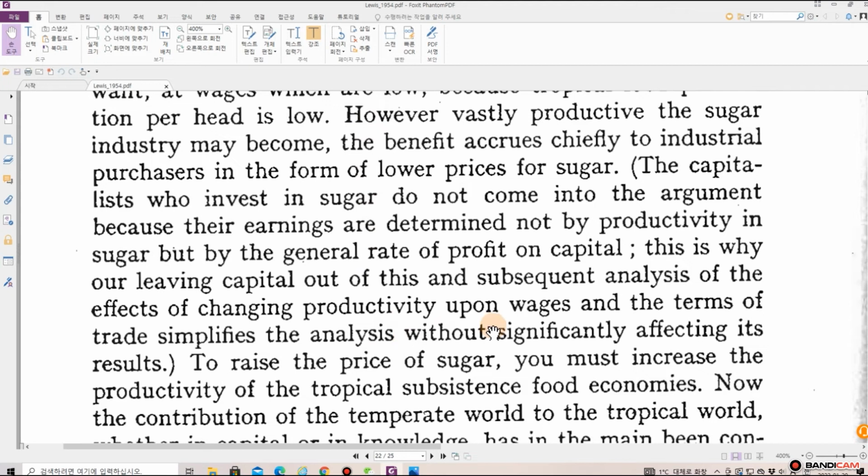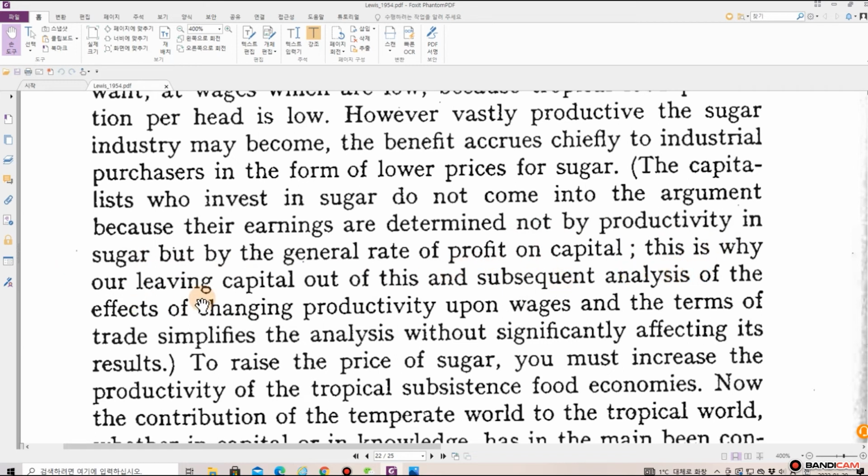However vastly productive the sugar industry may become, the benefit accrues chiefly to industrial purchasers in the form of lower prices for sugar. The capitalists who invest in sugar do not come into the argument because their earnings are determined not by productivity in sugar, but by the general rate of profit on capital.